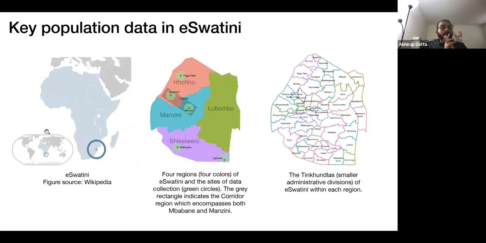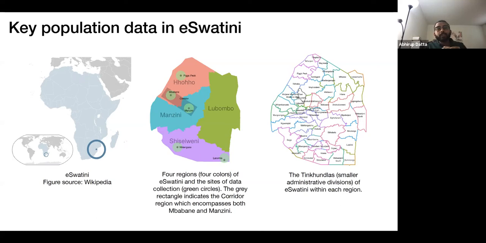Okay, so now we come to our motivating data application, which is estimating key population sizes in the country of Eswatini. Eswatini is a landlocked country in Southern Africa. It has been highly impacted by the HIV epidemic, with a high proportion of adults living with HIV.